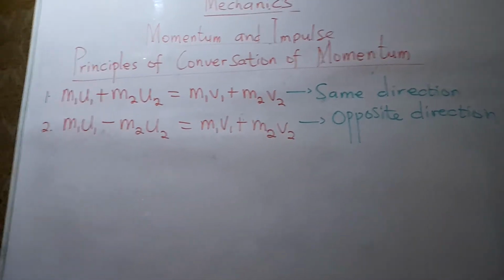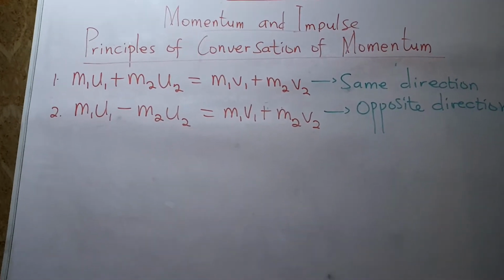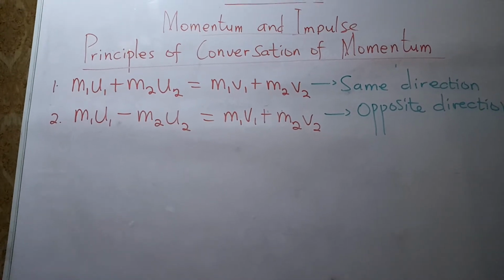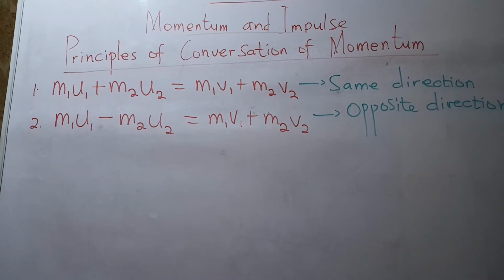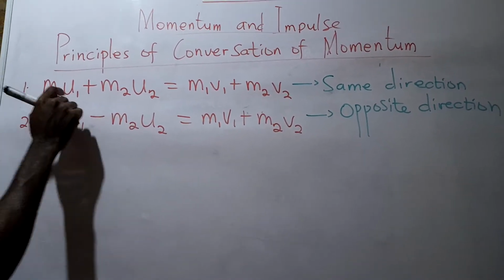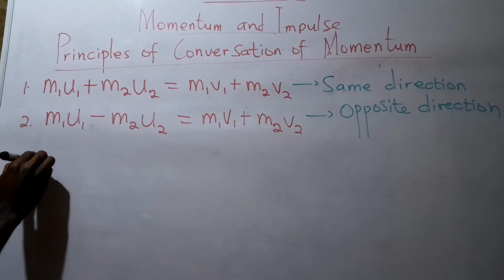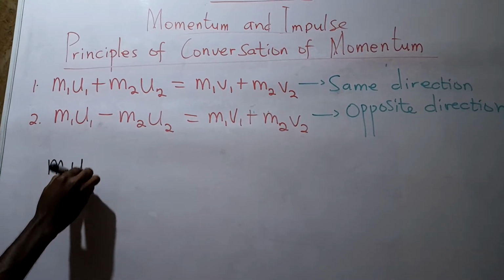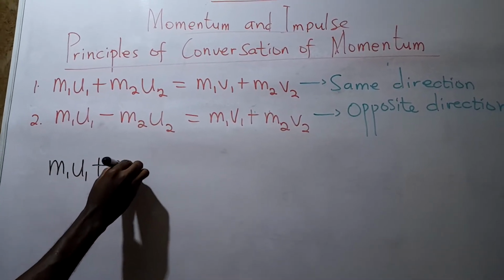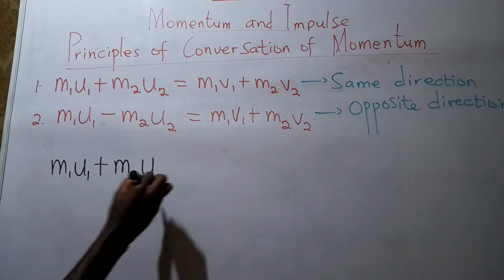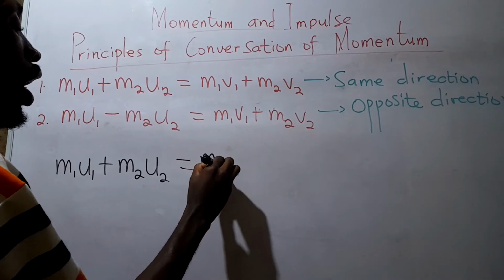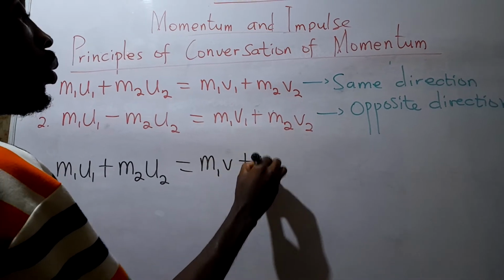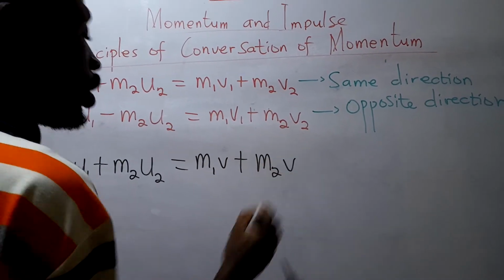There is another thing you must remember. After impact, the cars can move with the same velocity. When they move with the same velocity, then in our first equation we can have m1u1 plus m2u2 equal to, since the velocities are the same, m1v plus m2v.